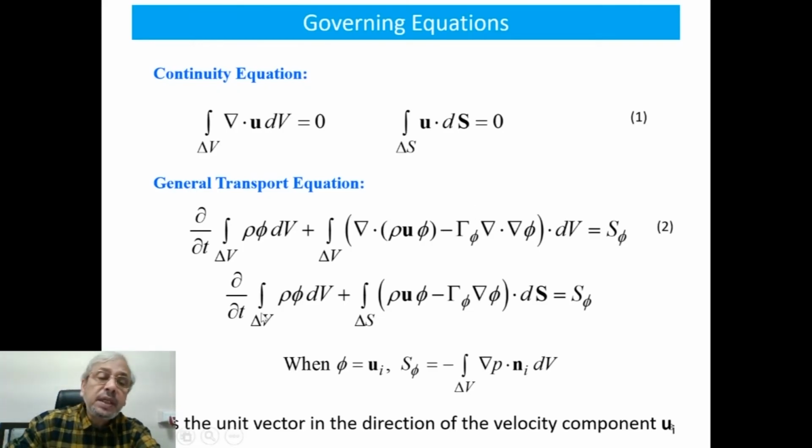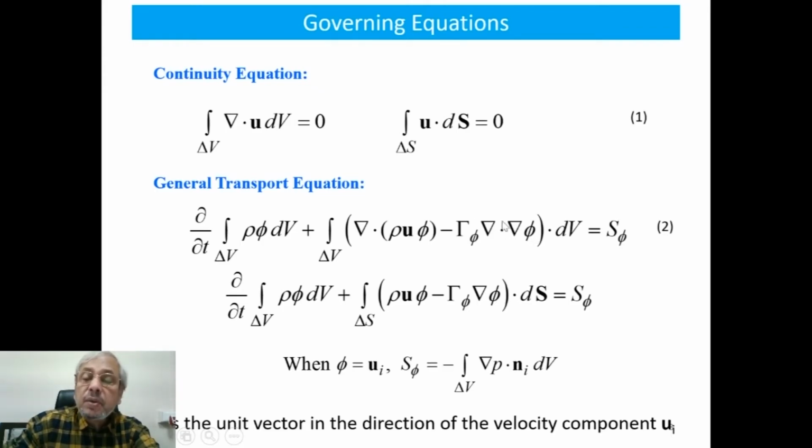As you can see, this is basically del T of rho phi over the control volume, and then the divergence of rho velocity vector into phi, minus the diffusion coefficient gamma phi times the grad operator dot grad of phi.